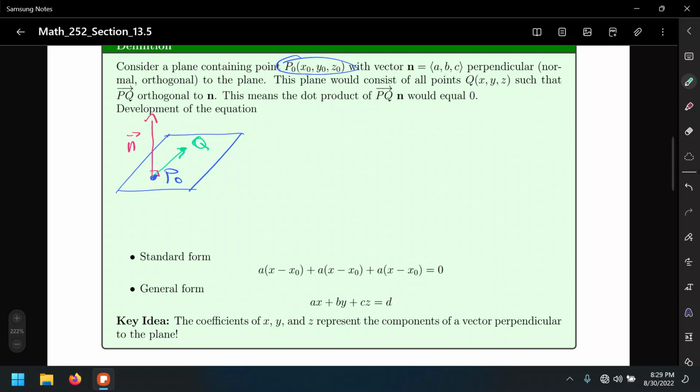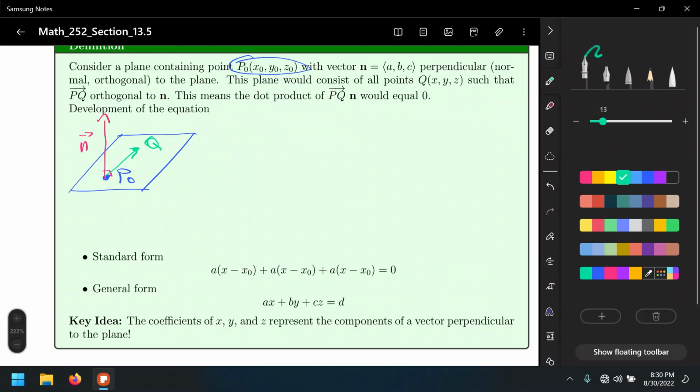0, right? Because when two vectors have a 90-degree angle between them, the dot product is 0. Now, we need to define that vector first. So, P initial, which is, okay, I already wrote it. It's already typed. Let me write it again.